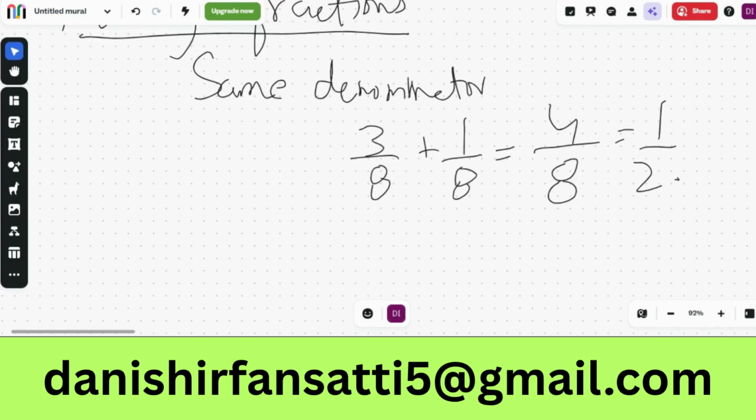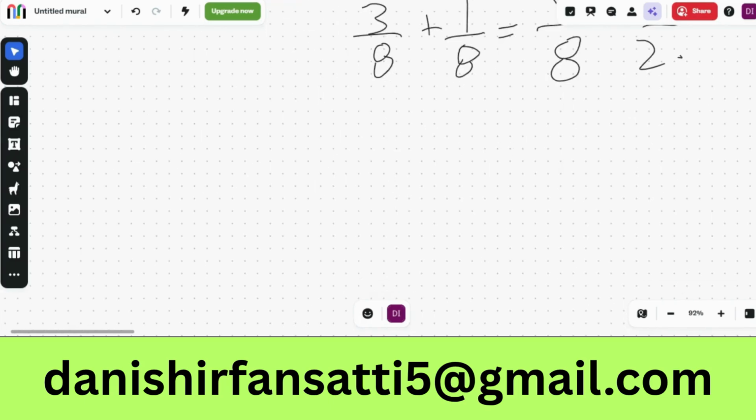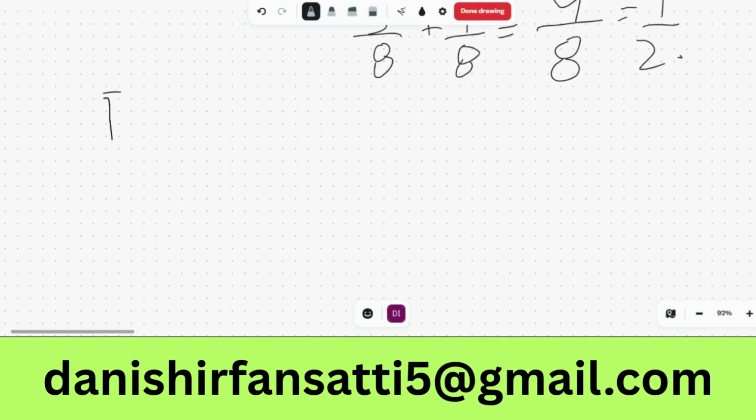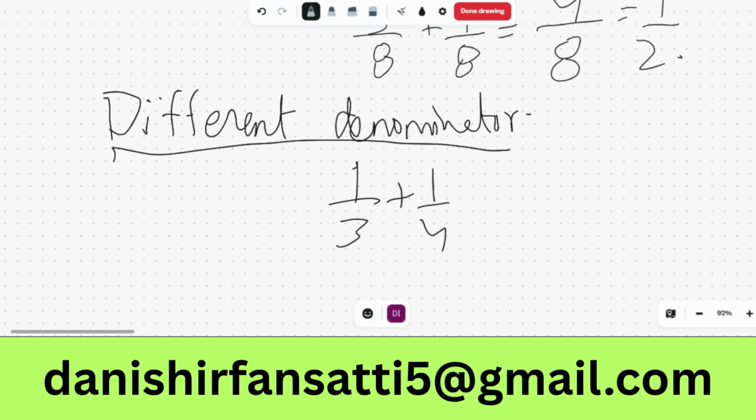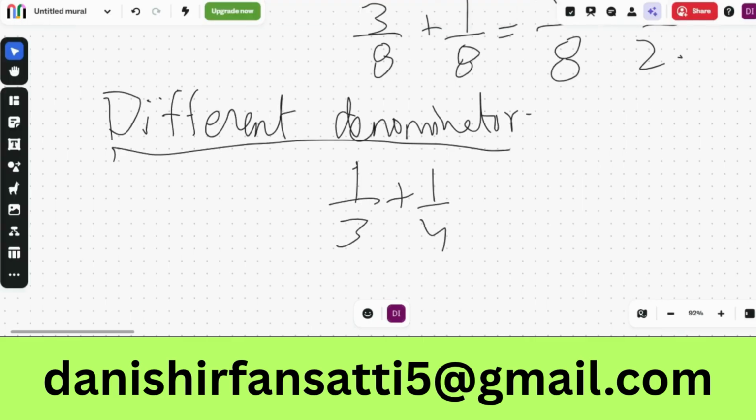Now different denominators. If the denominators are not the same, for example 1 by 3 plus 1 by 4, how are we going to do this?